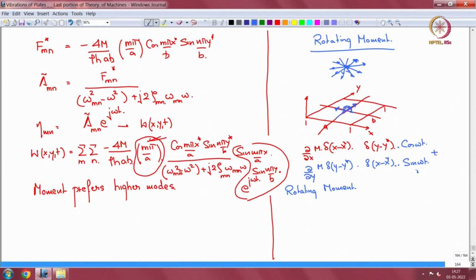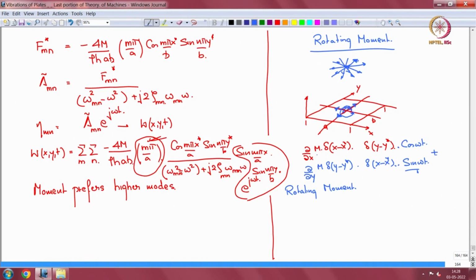Okay. Similarly, if omega t goes to pi, then the sine component goes to 0, and then I have an alignment along again x. Okay. And so, you can see that as time goes by, I have a rotating moment on the plate. Okay. So, there is a rotating moment here.